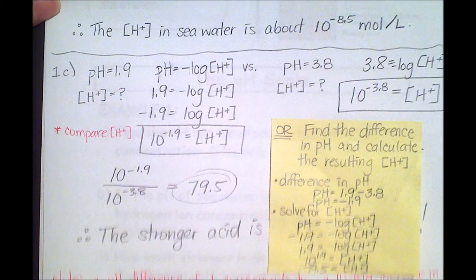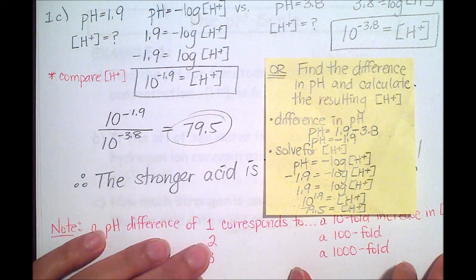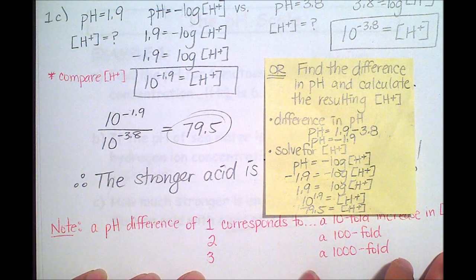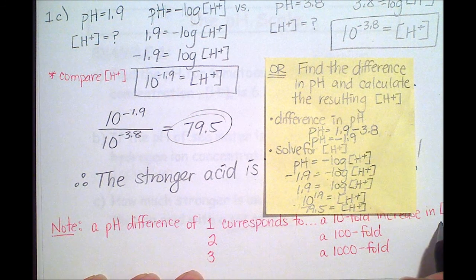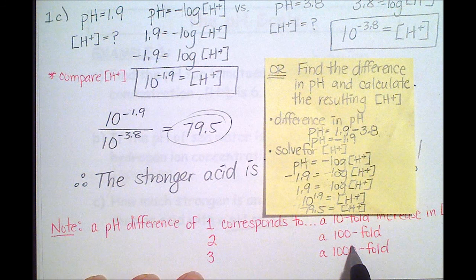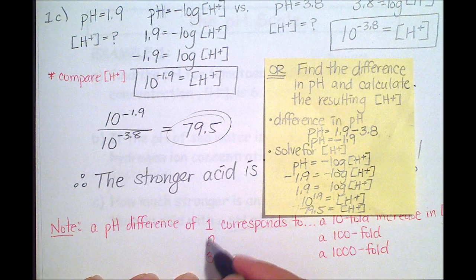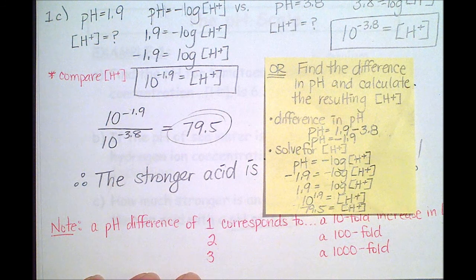Okay, one thing to note is that a pH difference of 1 corresponds to a 10-fold increase in hydronium ion concentration, whereas a pH difference of 2 corresponds to a 100-fold increase in hydronium ion concentration. So for every 1 unit increase, you're looking at a multiple of 10 increase in concentration of hydronium ion.